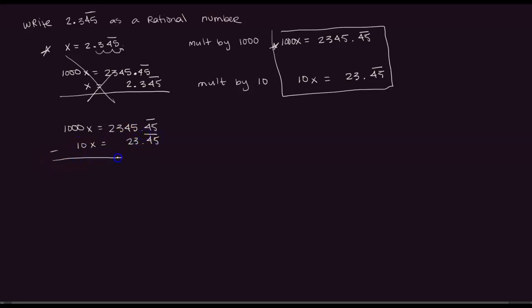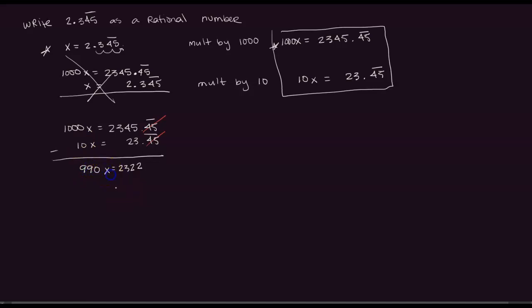I take my two equations and I align them vertically. Again, to me, that just makes it easier to see that those repeat ends will subtract off. And then I need to do the rest of the subtraction. So 5 minus 3 is 2, 4 minus 2 is 2, bring my 23 down. And then on the left-hand side, I have 1,000x minus 10x, that's 990x.